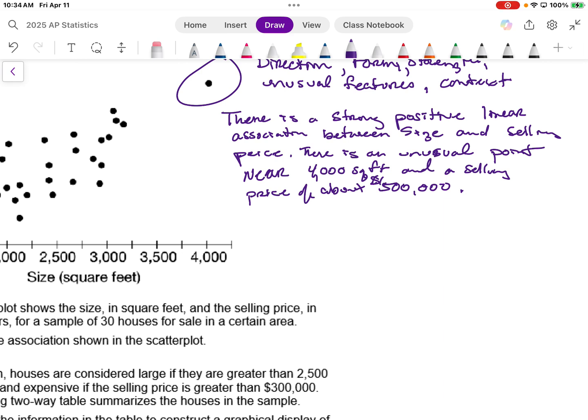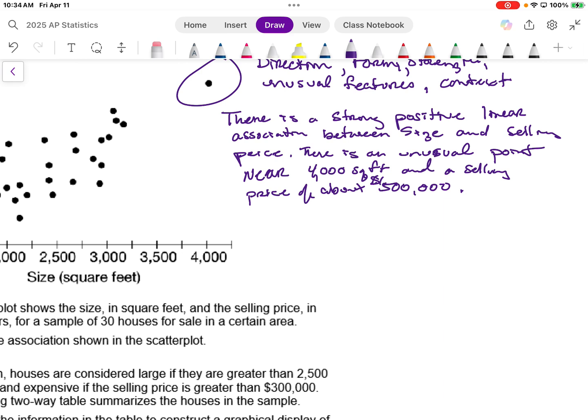If you just put the key points, do you have to make it all a sentence like that? You do not. They would prefer it in a sentence, I'll be honest with you. That way you tie in the context.